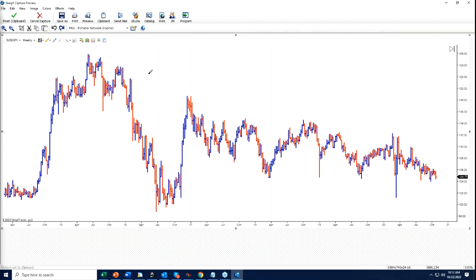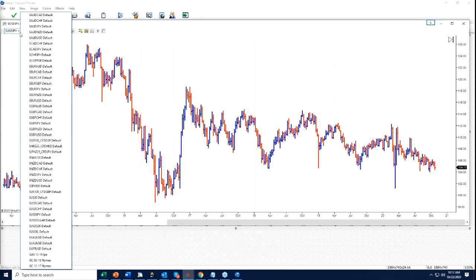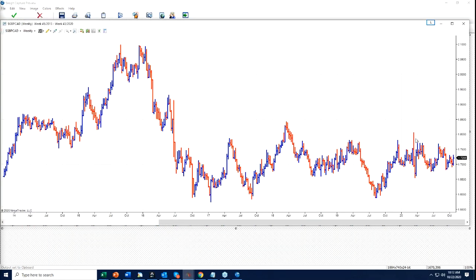But once you see the phase, now you look for patterns, price action, and anything else you can put in your arsenal.